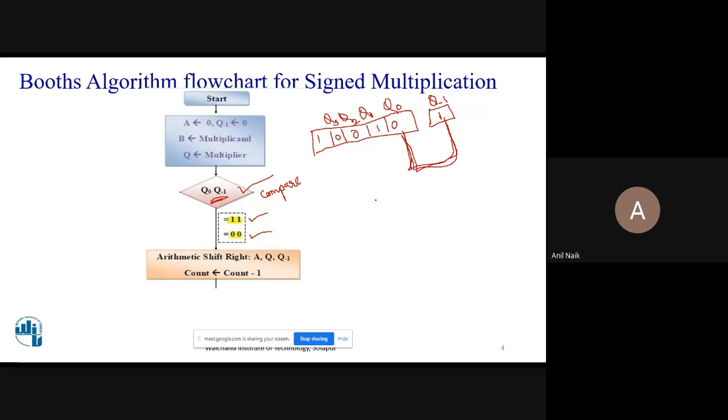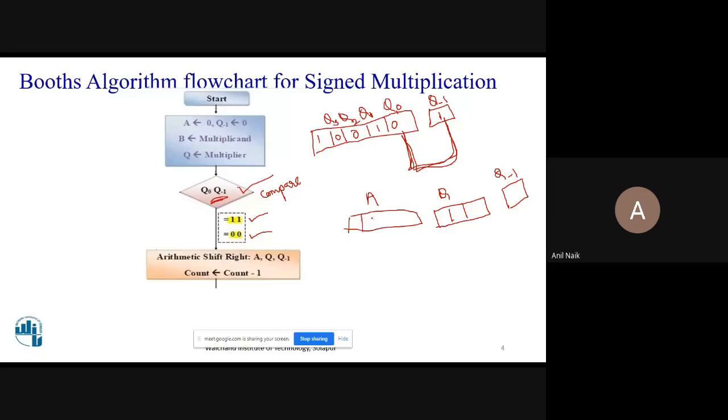Arithmetic shift right means, like this is the accumulator, this is the multiplier Q, and this is the single bit register Q minus 1.